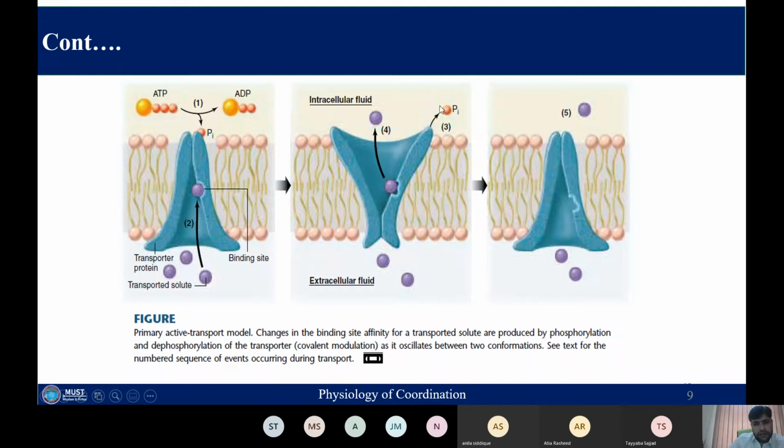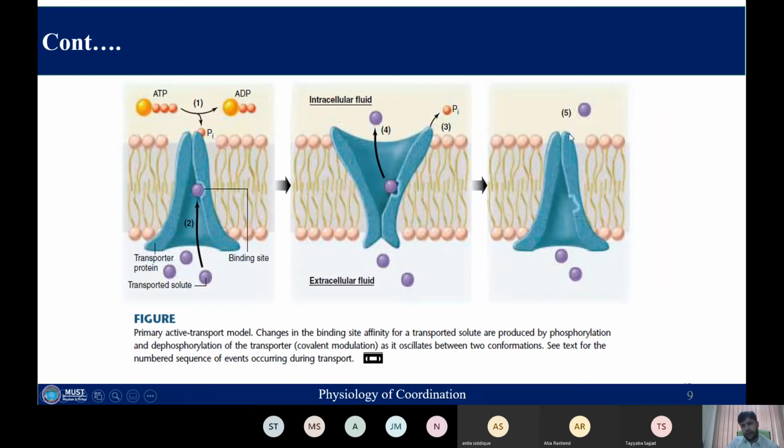Once the solute particles have been transferred to the inner side, the inorganic phosphate will be released from the transporter protein and will again bind with the ADP, converting ADP plus inorganic phosphate into ATP. This ATP is now ready to facilitate the movement of other solute particles by repeating the mechanism, hydrolyzing itself into ADP plus inorganic phosphate.